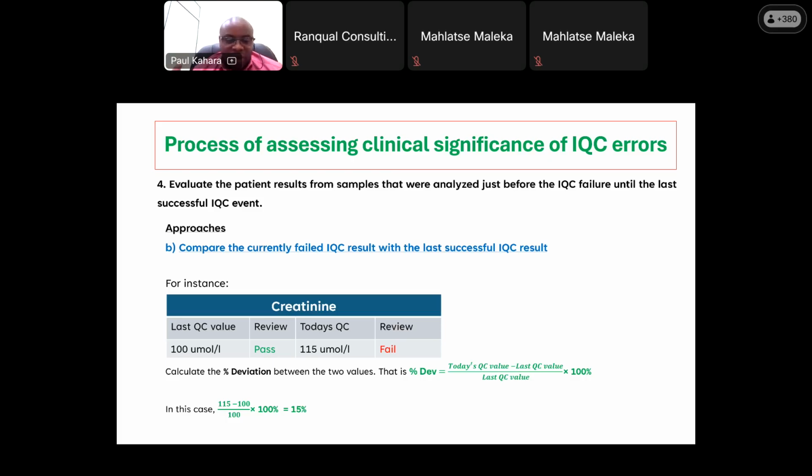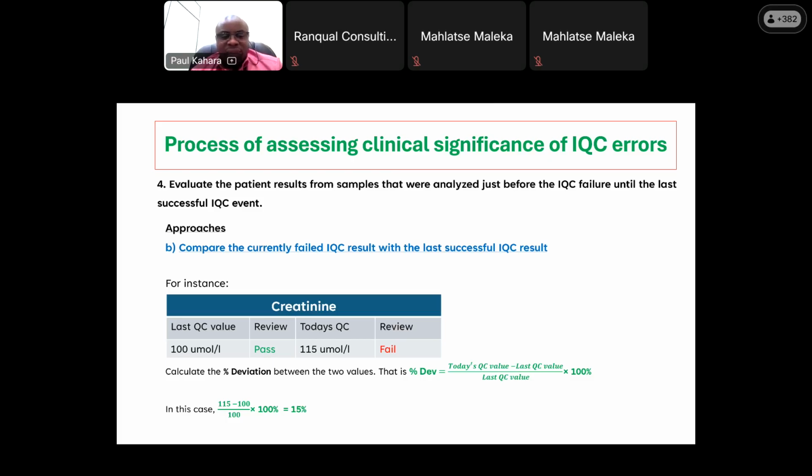And according to our IQC ranges, that IQC was passing. Now today, we release a result of 115. And again, based on the ranges we are using, we are going to say that IQC has failed.